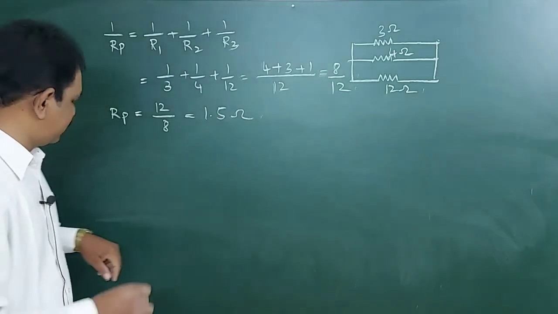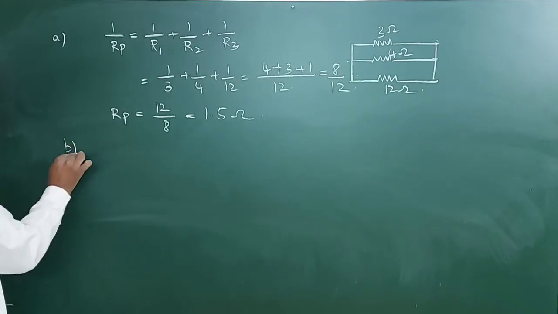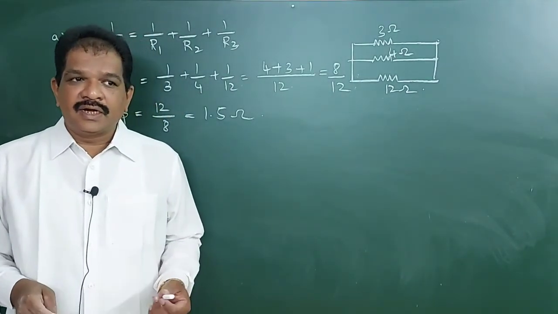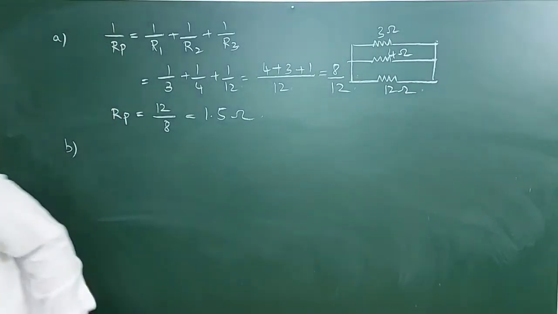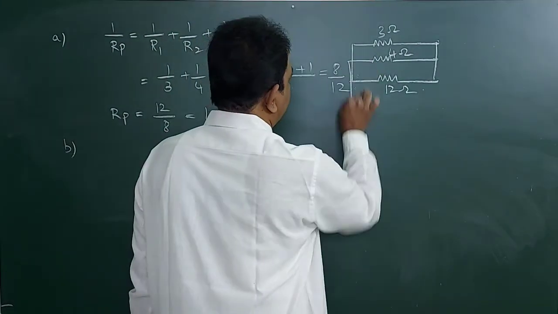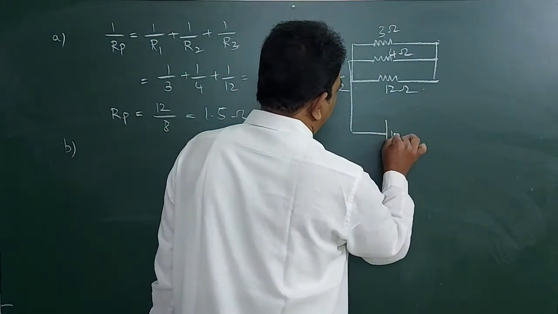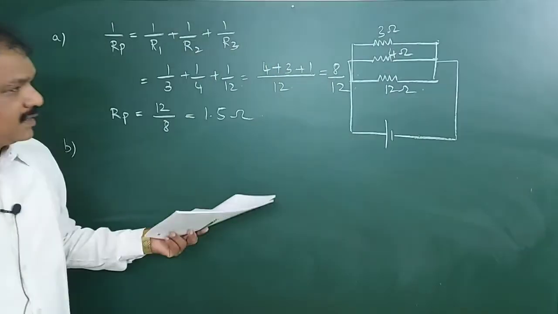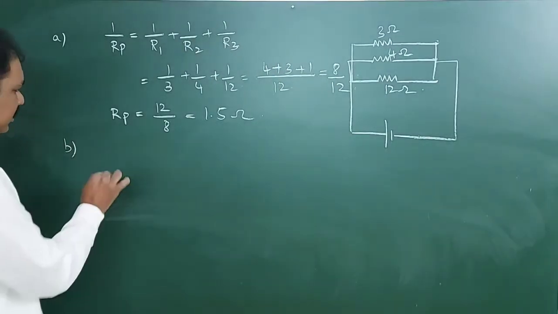Okay. Next, this combination is connected to a battery having some internal resistance. What is the current flowing through it?